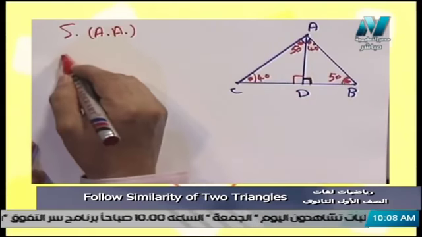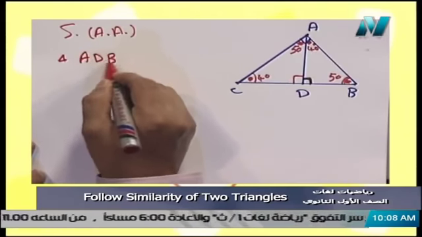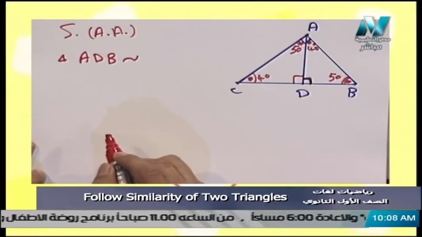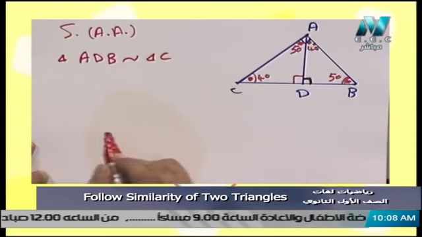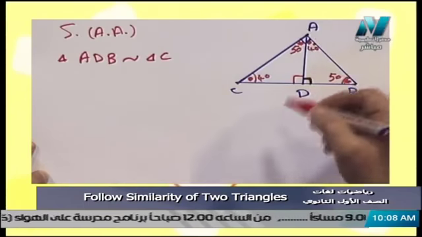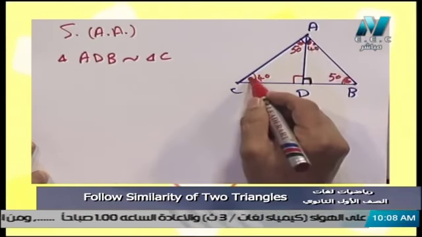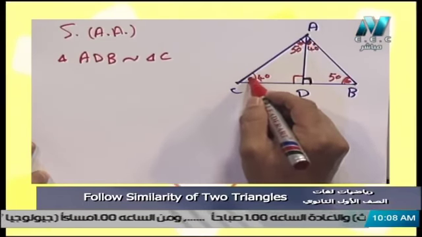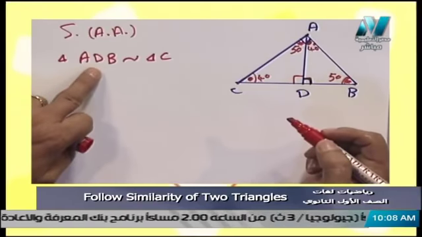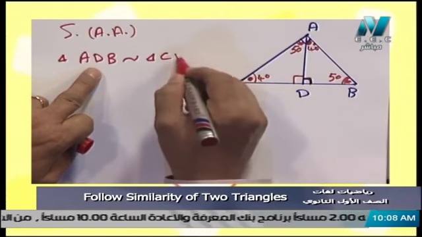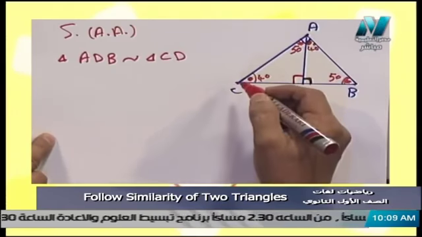So triangle ADB of course will be similar to triangle CDA. A is 40, so it's corresponding to C, which is 40 also, and D here is a right angle, so it corresponds to D, also a right angle in the other triangle.